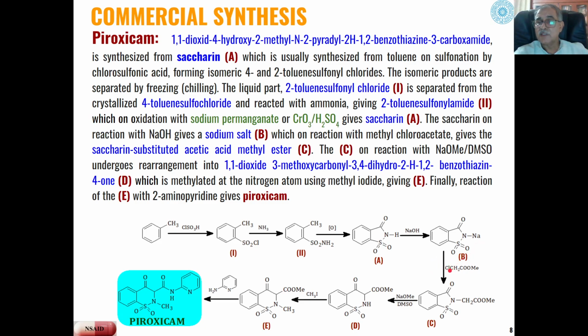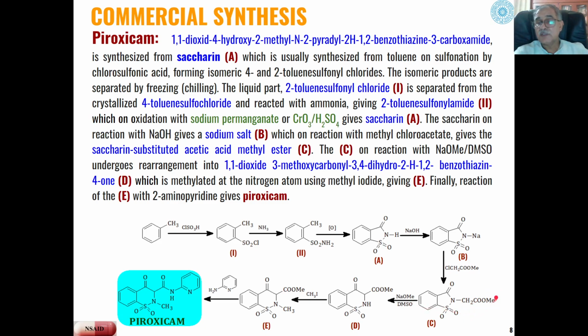So NaCl is removed, and we will get this saccharin-substituted acetic acid methyl ester, the N-substituted acetic acid methyl ester.